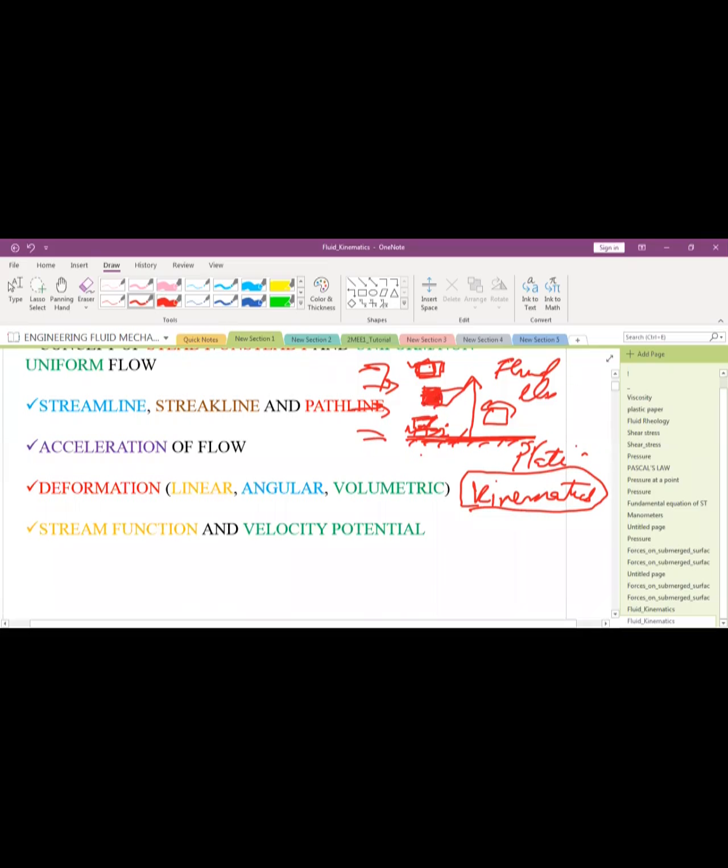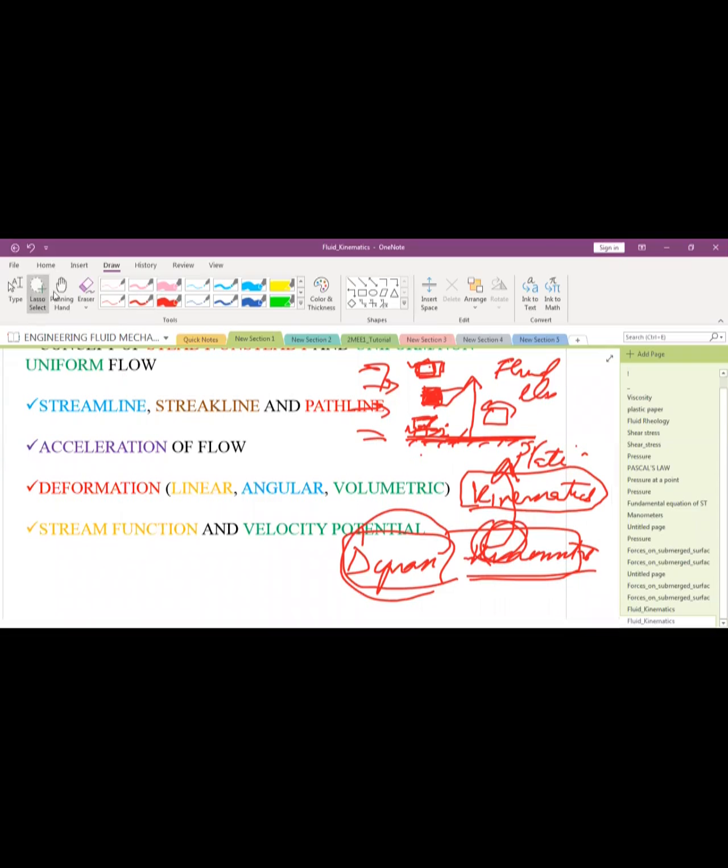So please remember, dynamics and kinematics are interdependent. You cannot divorce the two. It is only that we are now interested only in the kinematics part without bothering what has led to that kinematics. Are you clear?